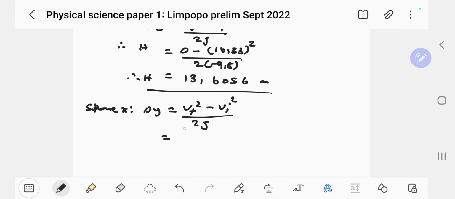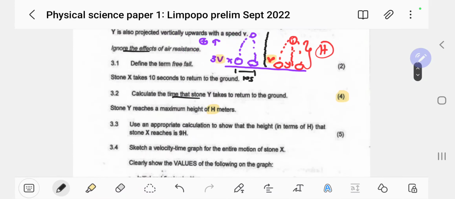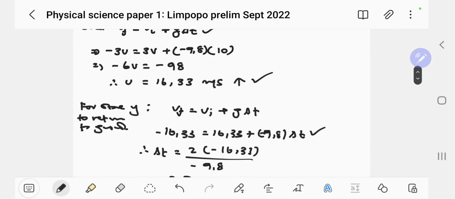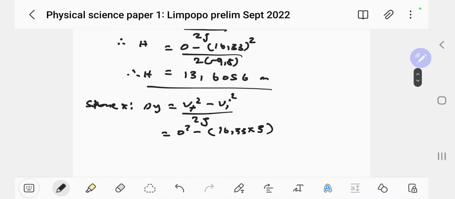Moving faster now. Then what is that? That is 0 squared minus, now this one, it is 16.33 multiplied by 3. Remember, that was 3 times v, 3v. So it's going to be that one multiplied by 3 squared, divide by 2 into minus 9,8. Let's do that one quickly.